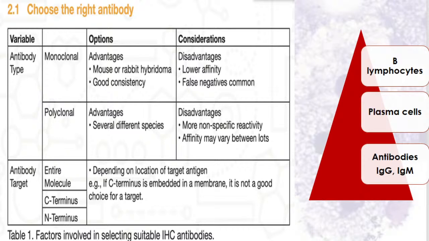Immunohistochemistry, the first word, immune, means that B lymphocytes, specialized lymphatic tissue cells, provide production of plasma cells, and plasma cells produce antibodies, immunoglobulins, G immunoglobulins for example. And we have these methods in two variants.